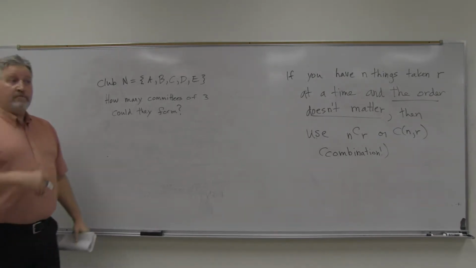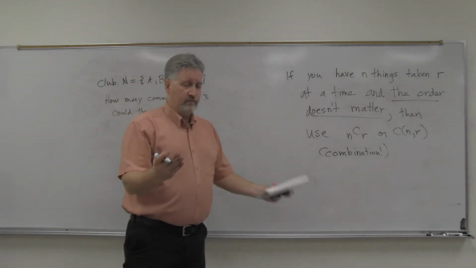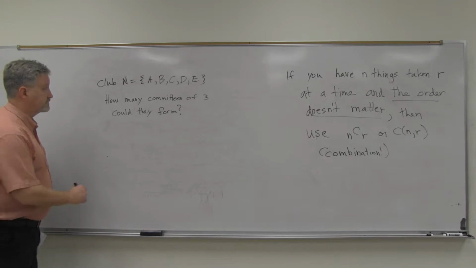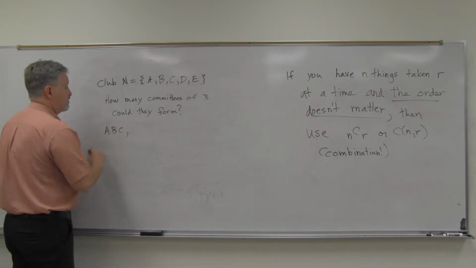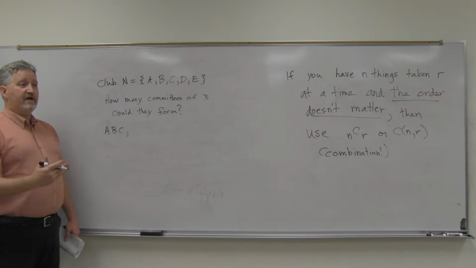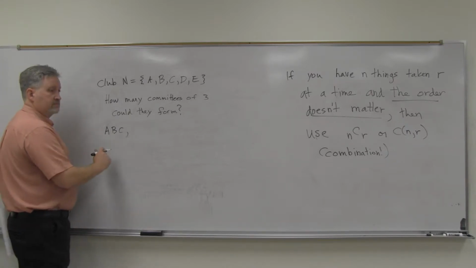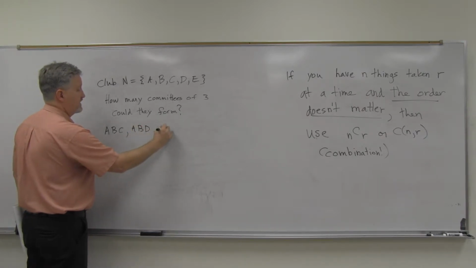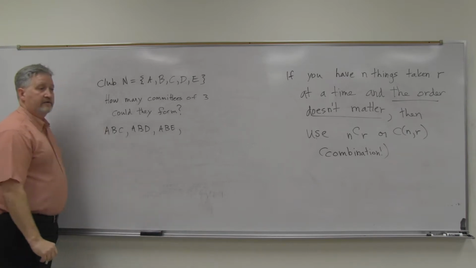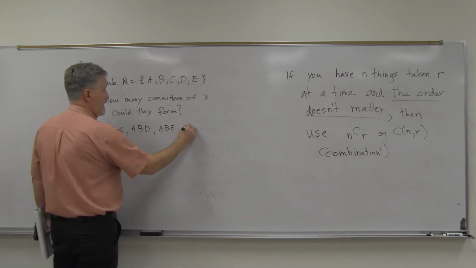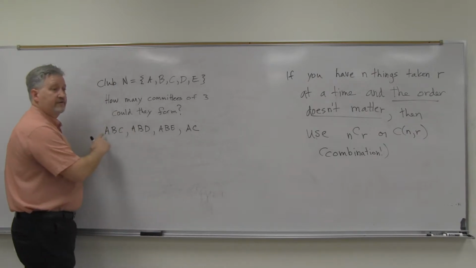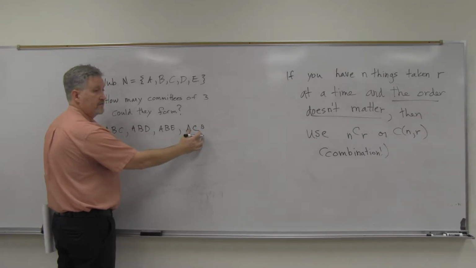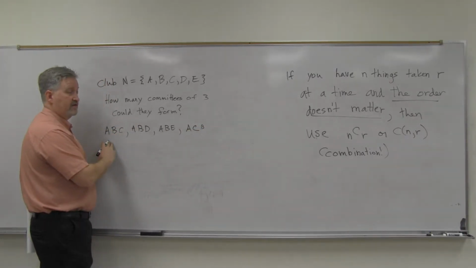Well, remember back when we talked about listing out committees last time? We've got A, B, C, but when we go to list out all the committees, I could go A, B, D, A, B, E. Then I could go A with C, but could I do ACB there? Why not? ACB is the same committee as ABC, right?